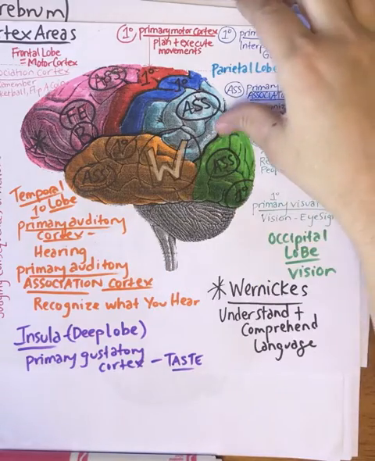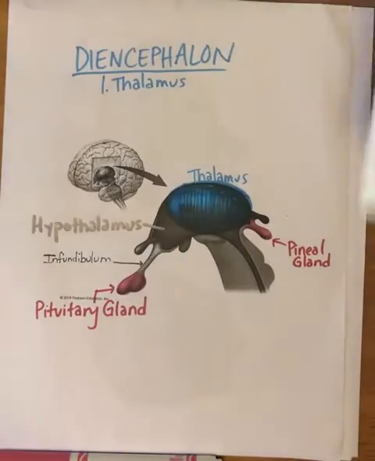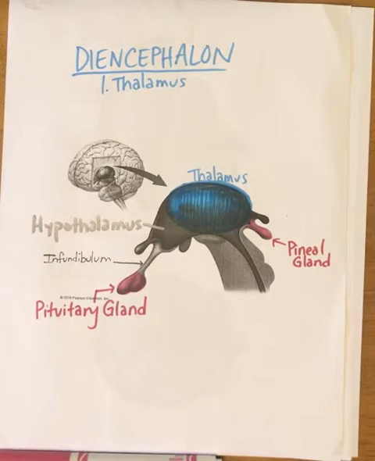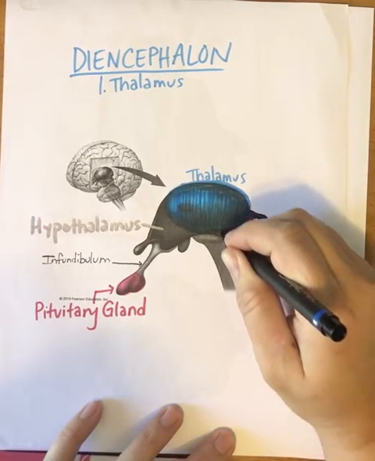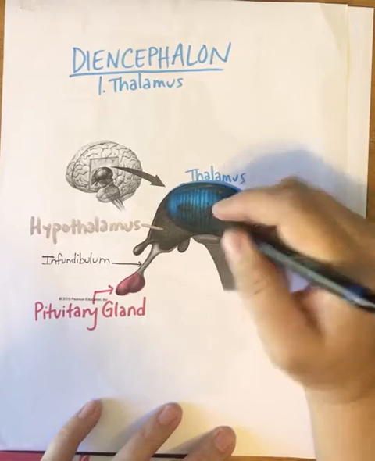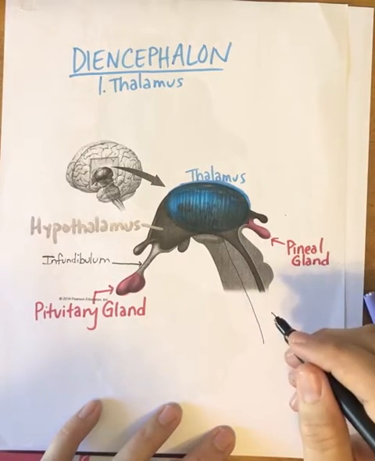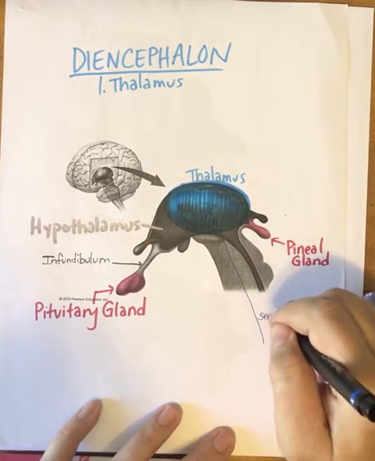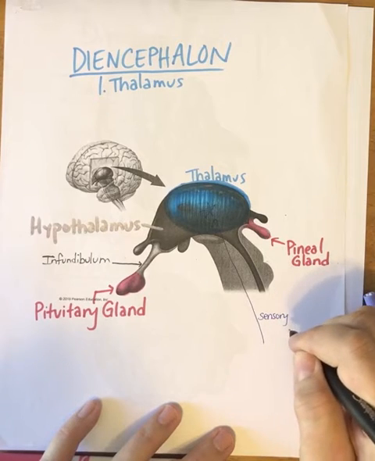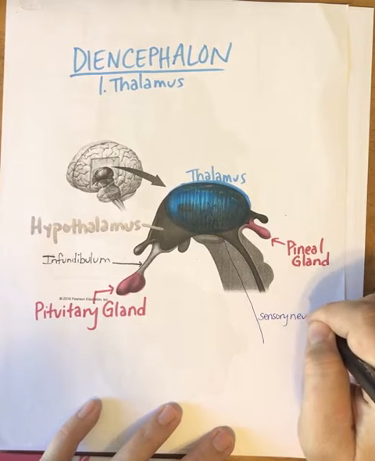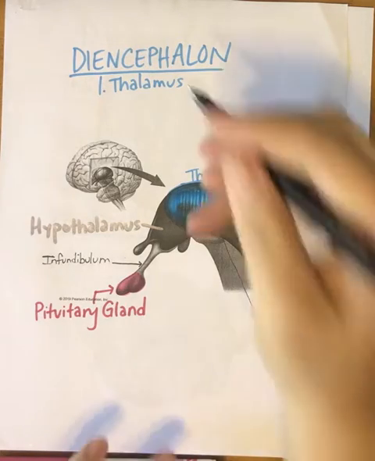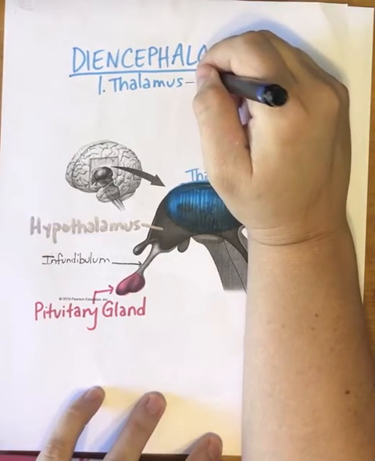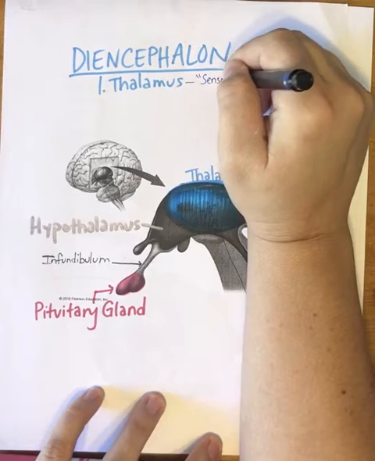So I always call the thalamus my sensory bus stop. Literally, all sensory neurons are going to travel up the brainstem and they're going to stop right here. So sensory neurons travel up the brainstem and they're going to go to the thalamus. So when you talk about the thalamus, we call this the sensory gateway.